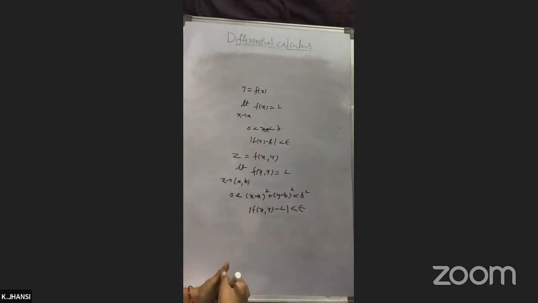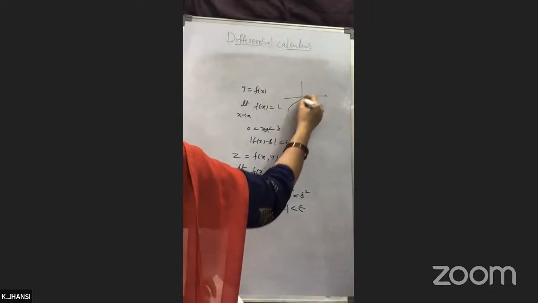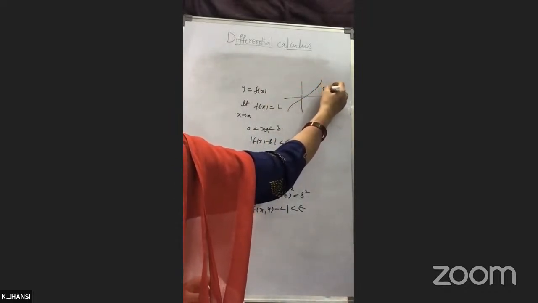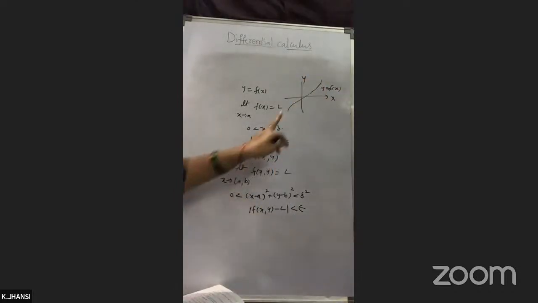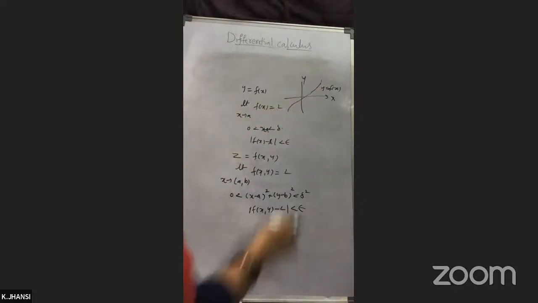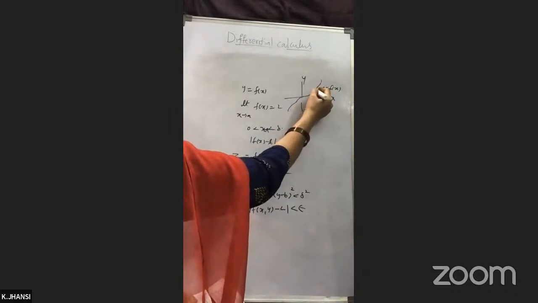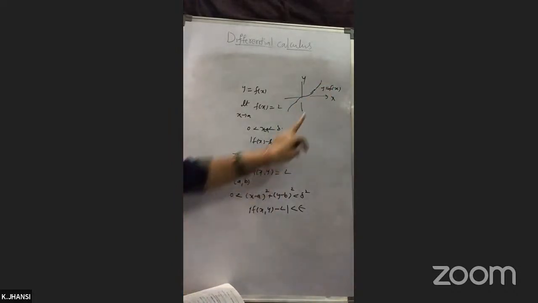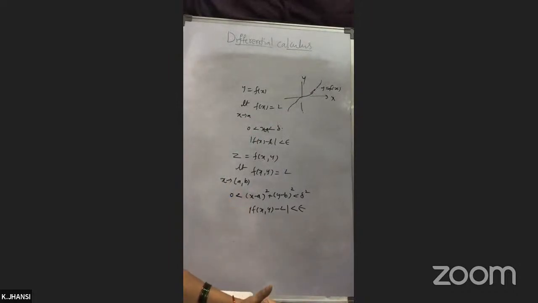And why are we taking this definition whenever 2 variables are there? If you see the graph of one function, y equals f of x, with x coordinate and y coordinate, any function passing through the origin, and you take any point on it, to reach that point we have only two methods, only two ways or two paths.